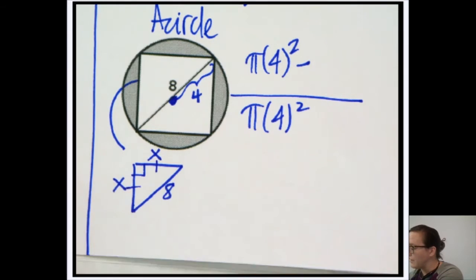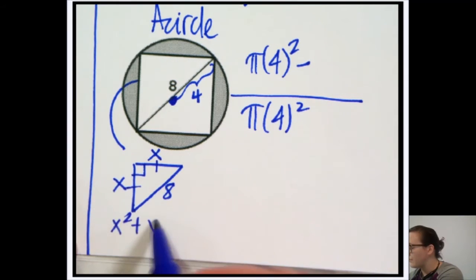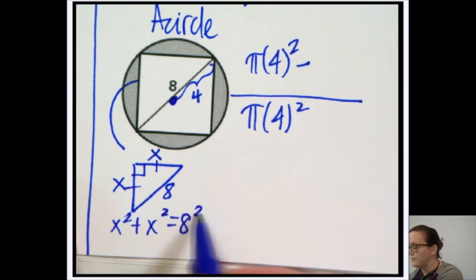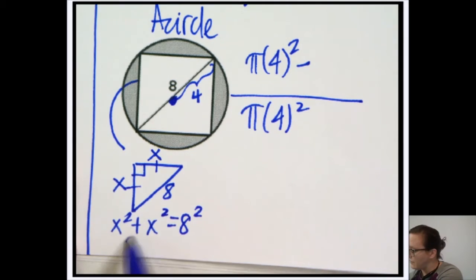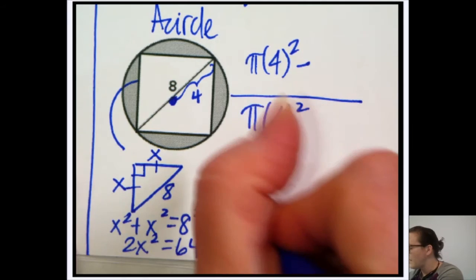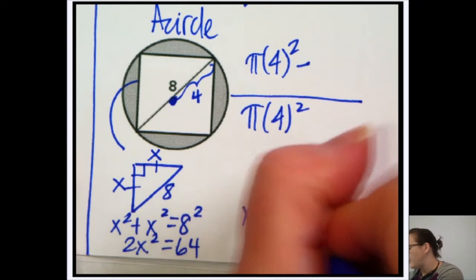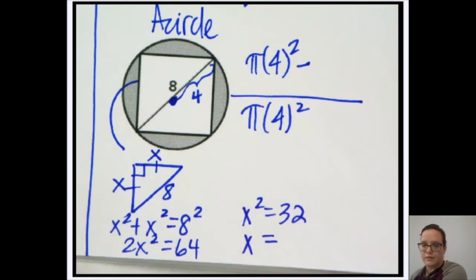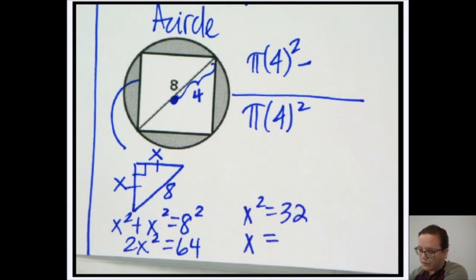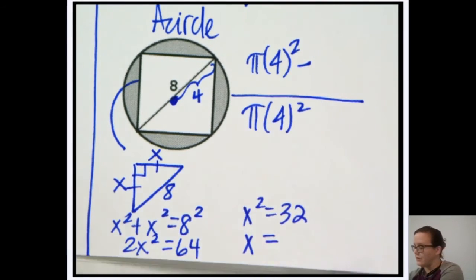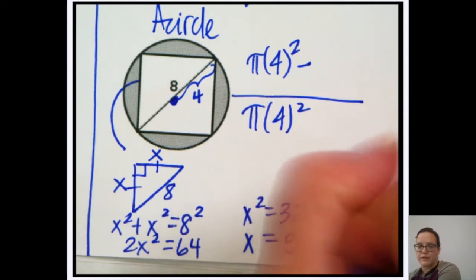So we have x squared plus x squared equals 8 squared. So 2x squared equals 64. x squared equals 32. So x is equal to the square root of 32, which we're going to call 5.7.